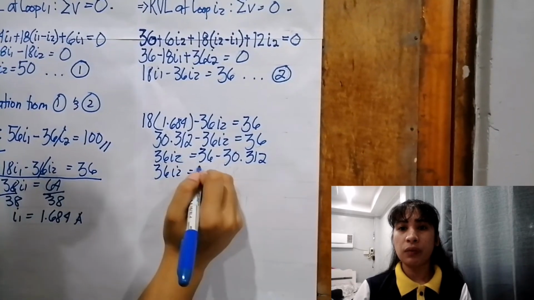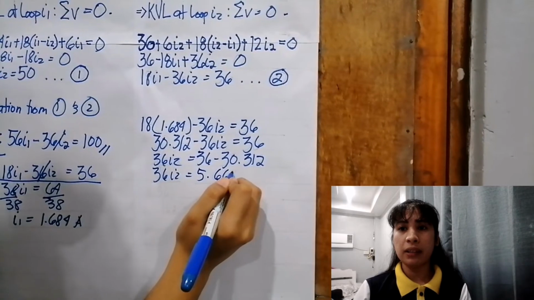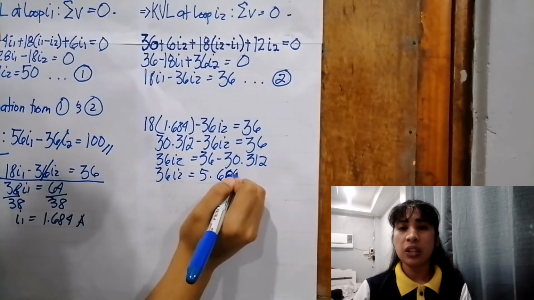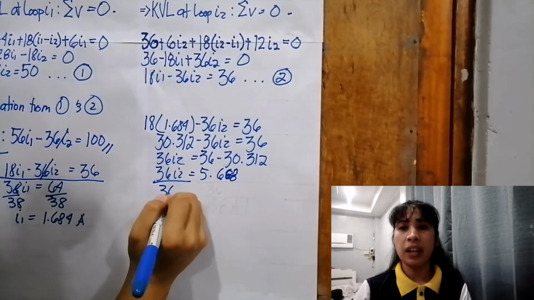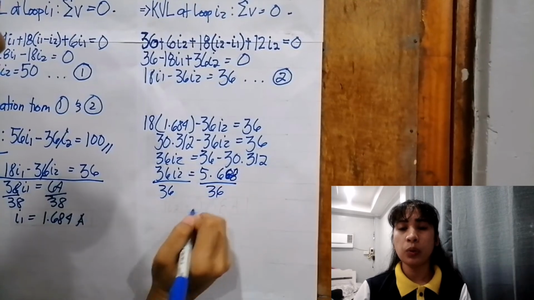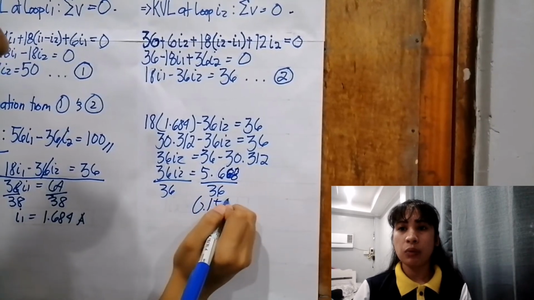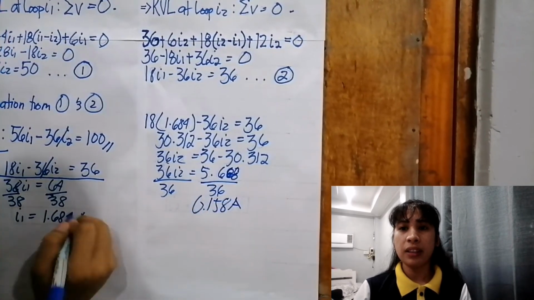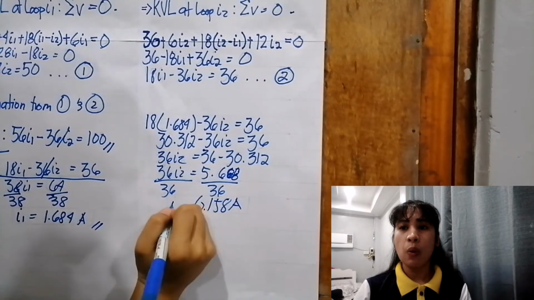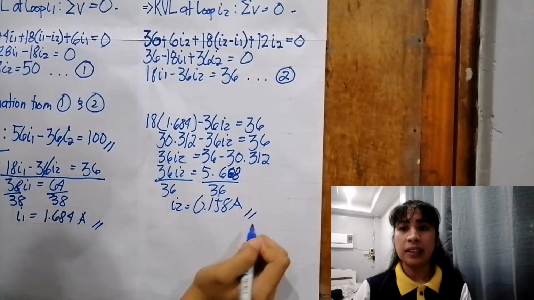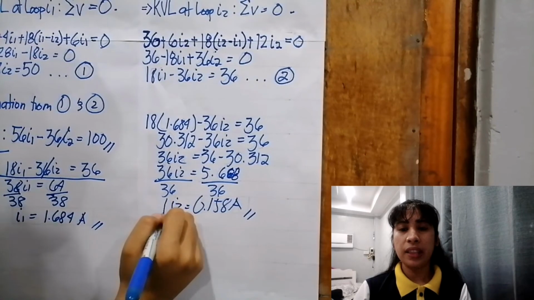So I2 is 5.688 divided by 36, which is 0.158. So the answer to this question is I1 is 1.684 ampere, and then I2 is 0.158 ampere, and that's the answer of the question.